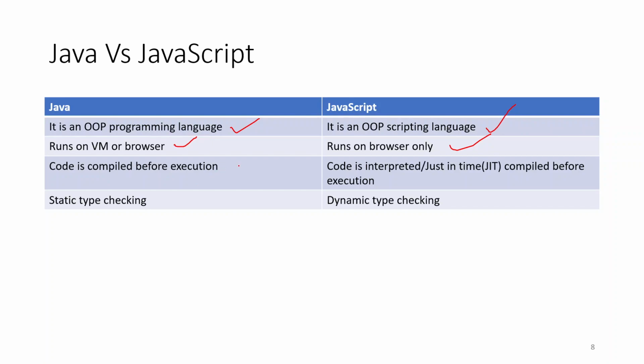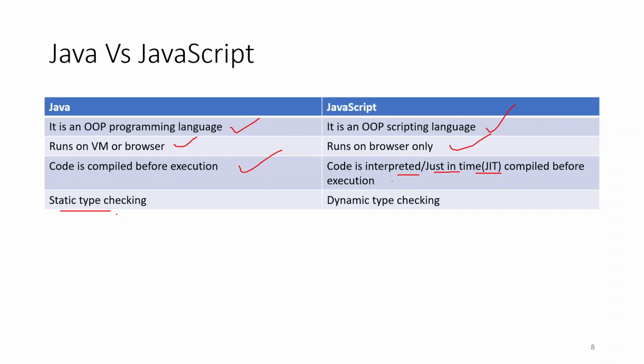In Java, code is compiled before execution, but in JavaScript, code is interpreted, or we can say compiled before execution. Over the internet, there is a JIT, just-in-time compiler, which compiles before execution.